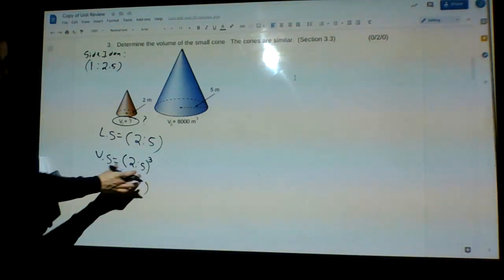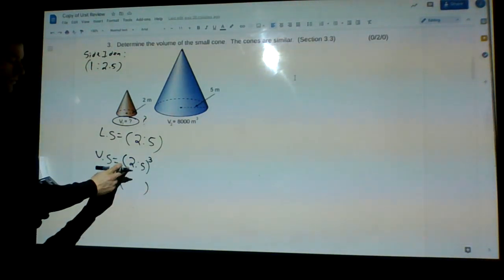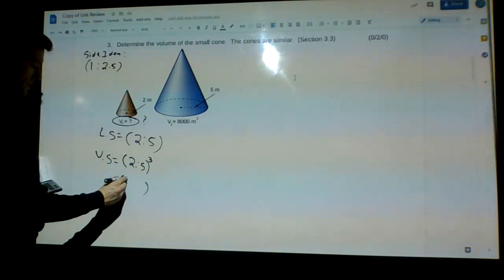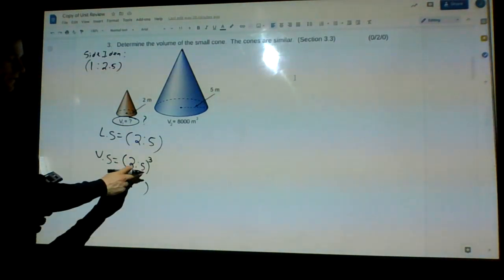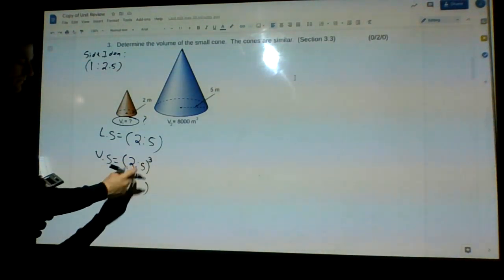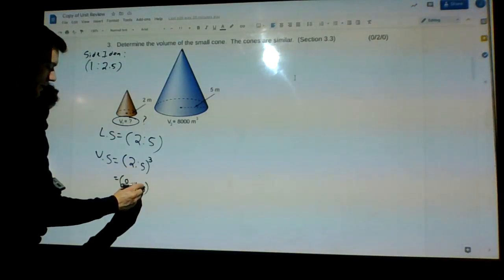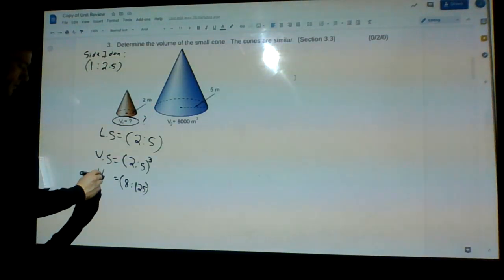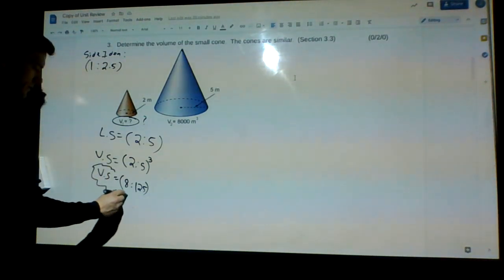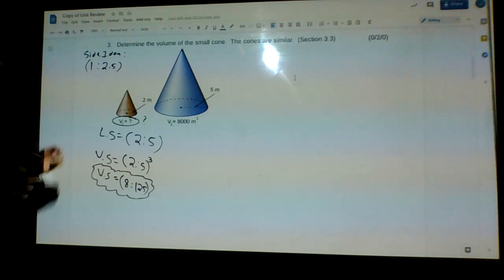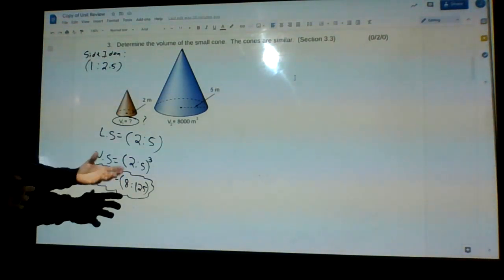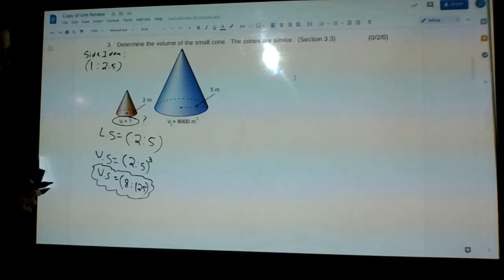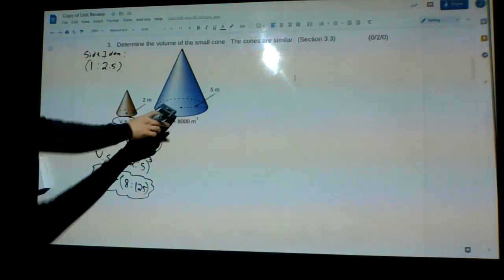So when I cube this length scale, 2 times 2 times 2 gives me 8, and 5 times 5 is 25, times 5 again is 125. This is my volume scale. It means 8 little cubic meters in this cone results in 125 cubic meters over in this cone.